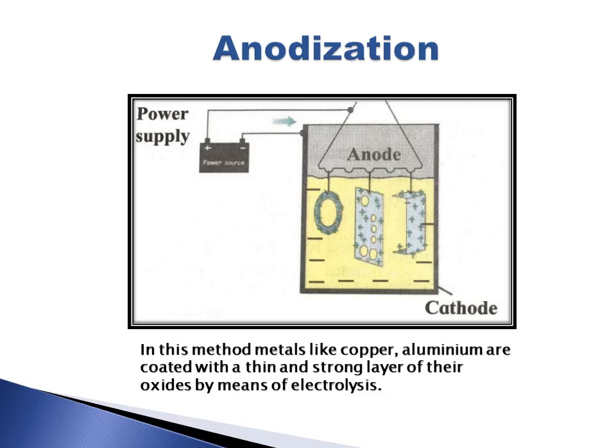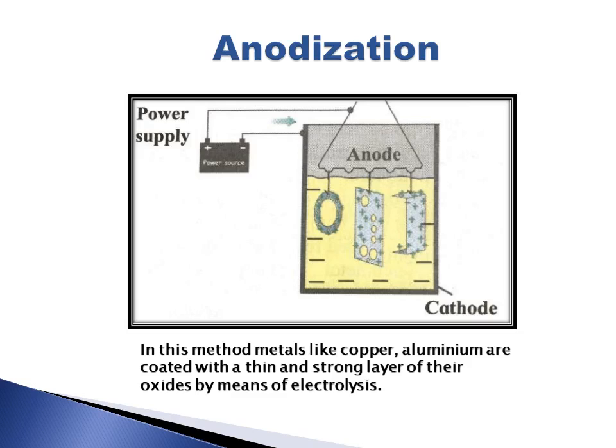Anodization. In this method, metals like copper and aluminium are coated with a thin and strong layer of their oxide by means of electrolysis. For this, the copper or aluminium article is used as the anode. As this oxide layer is strong and uniform all over the surface, it is useful for prevention of corrosion of the metal.